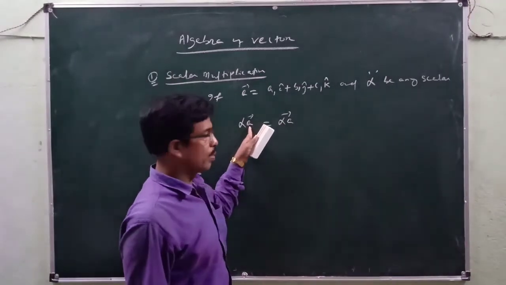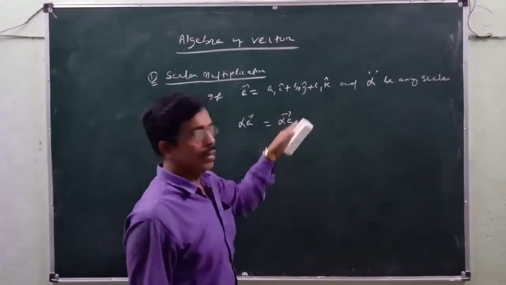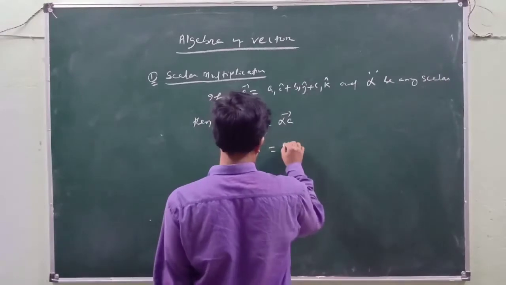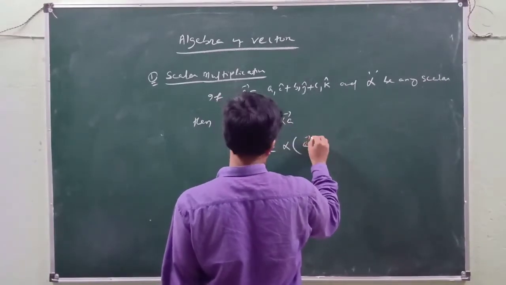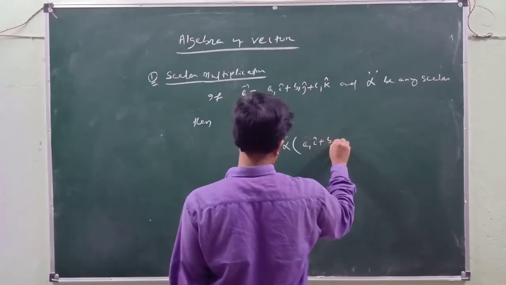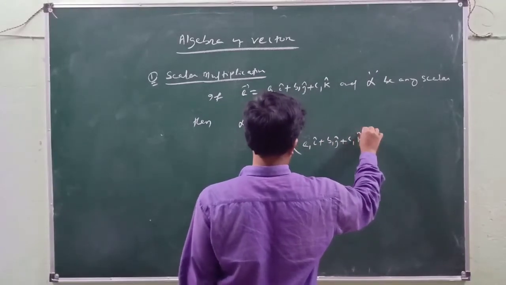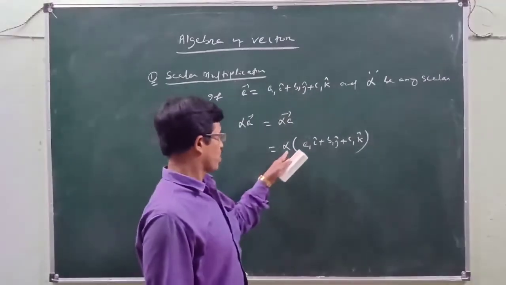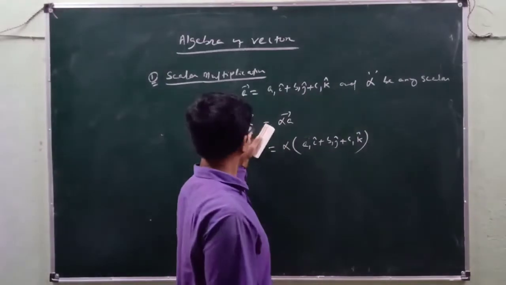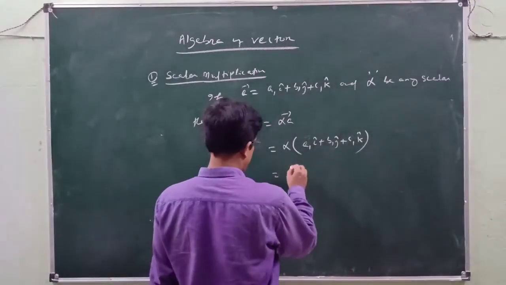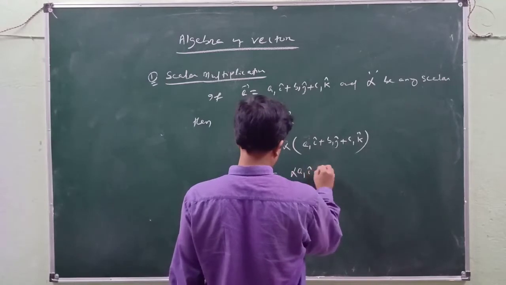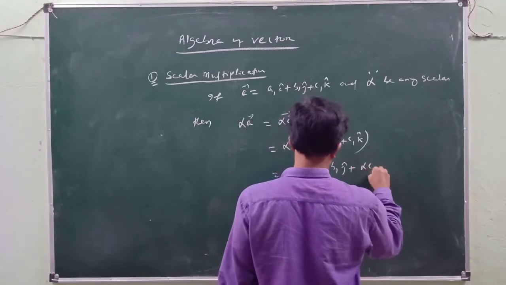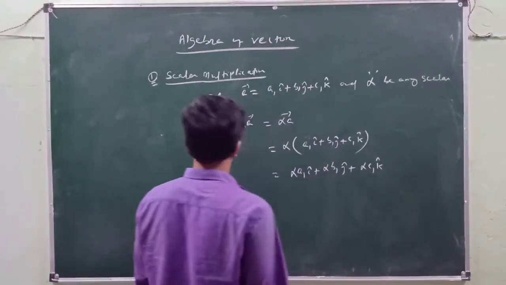Alpha a vector will be equal to alpha into a1 i cap plus b1 j cap plus c1 k cap. Then you multiply this alpha with all the scalar components of the vector. So it gives you alpha a1 i cap plus alpha b1 j cap plus alpha c1 k cap.